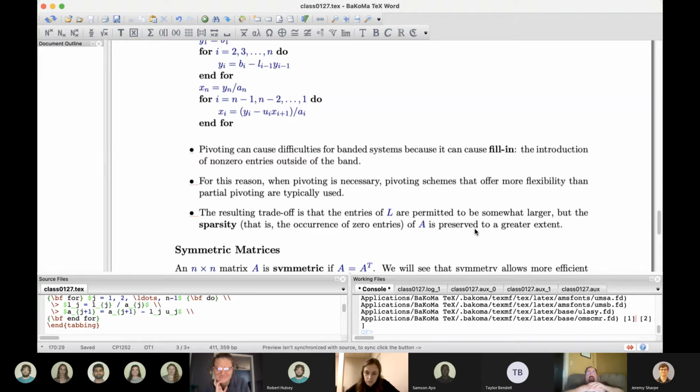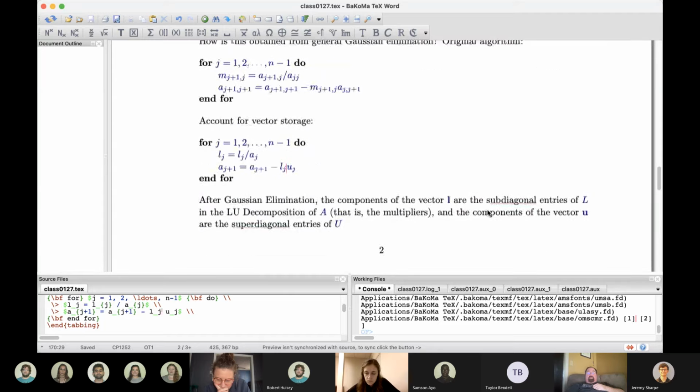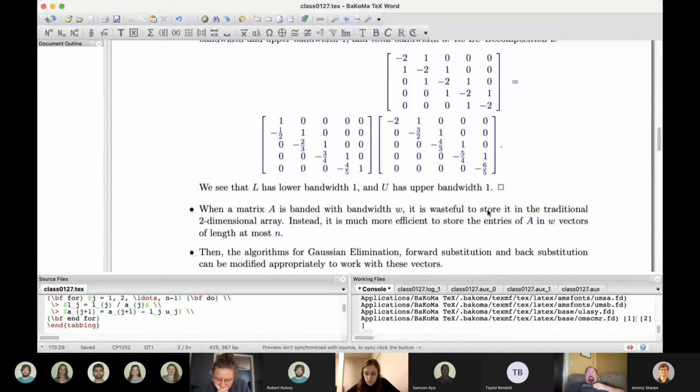Okay, so it's kind of funny how for a general matrix, pivoting good, banded matrix, pivoting bad. These are the sorts of things that happen when you change a problem by adding these kinds of assumptions. Okay. That's why it's nice to have a matrix such as this one.